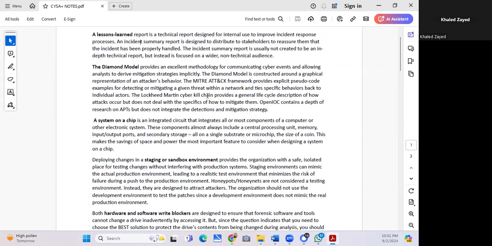The Lockheed Martin cyber kill chain is different than that, which provides a general life cycle description of how attacks occur, but does not deal with the specifics of how to mitigate them. So you need to understand the difference between the diamond model, the MITRE ATT&CK framework, and the Lockheed Martin cyber kill chain. The OpenIOC, or open indicator of compromise, contains a depth of research on APTs, or Advanced Persistent Threats, but it does not integrate the detections and mitigation strategy.